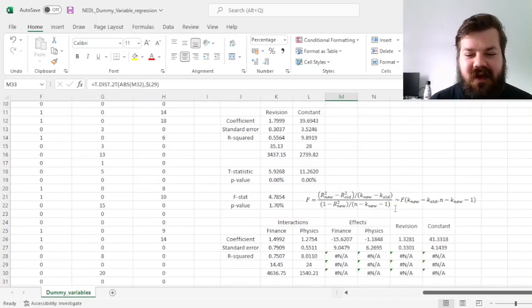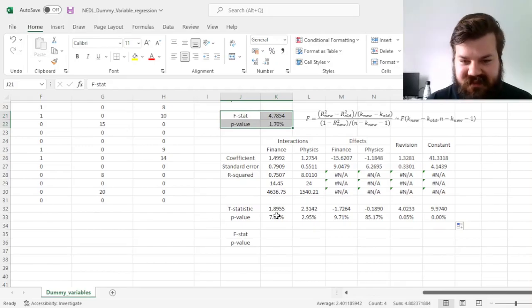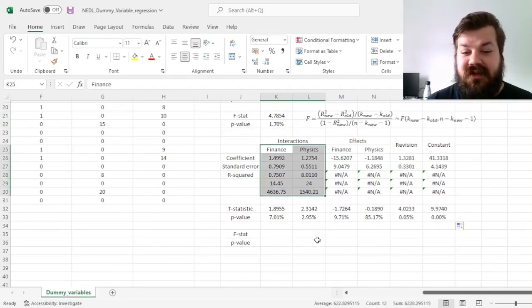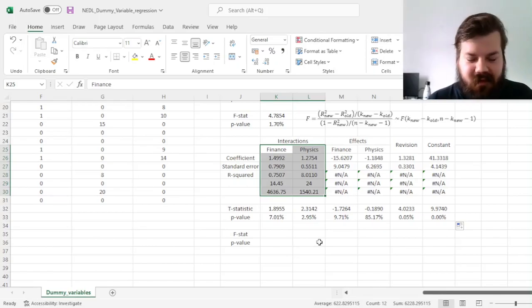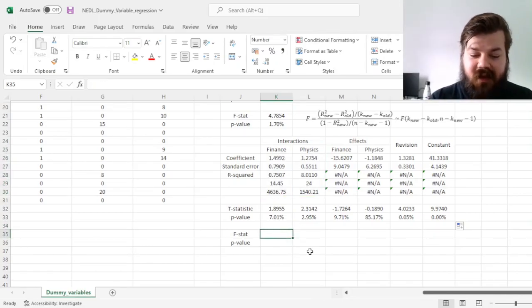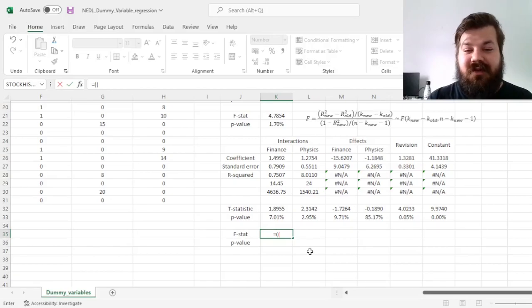However, here we also have to undertake the F-stat for significance testing of both of those interaction terms. Again, it would be meaningless to include them separately. We can only include both of them or none of them. So here we can also apply the restricted F-test.